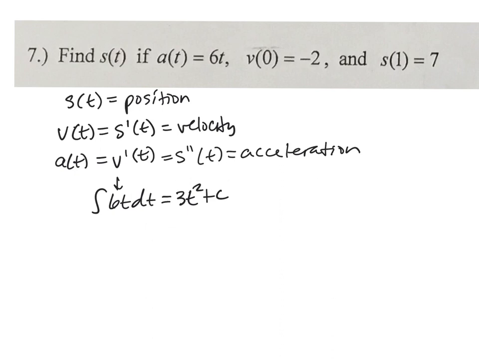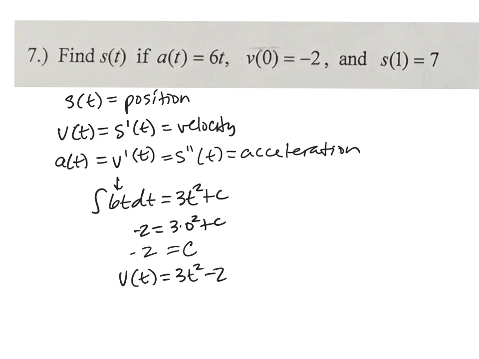Let me look at this again. The input is 0 and the output is -2. So let me write it the right way. So -2 is equal to 3 times 0 squared plus c. So that means c is equal to negative 2. So our velocity function, v of t, is 3t squared minus 2.